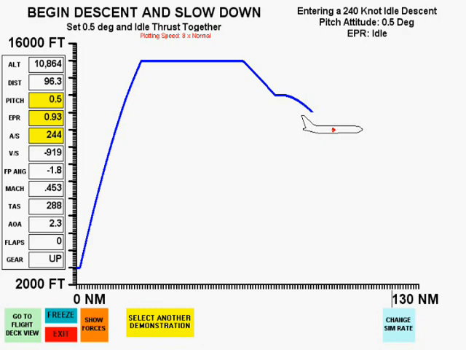Notice that the target airspeed of 240 knots and the target vertical speed of 1,000 feet a minute are approached at the same time.